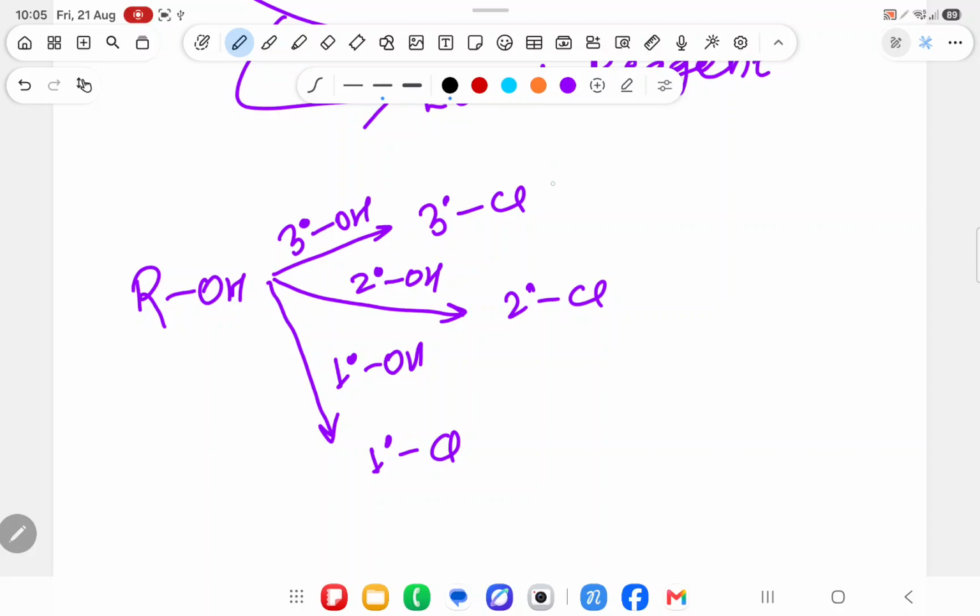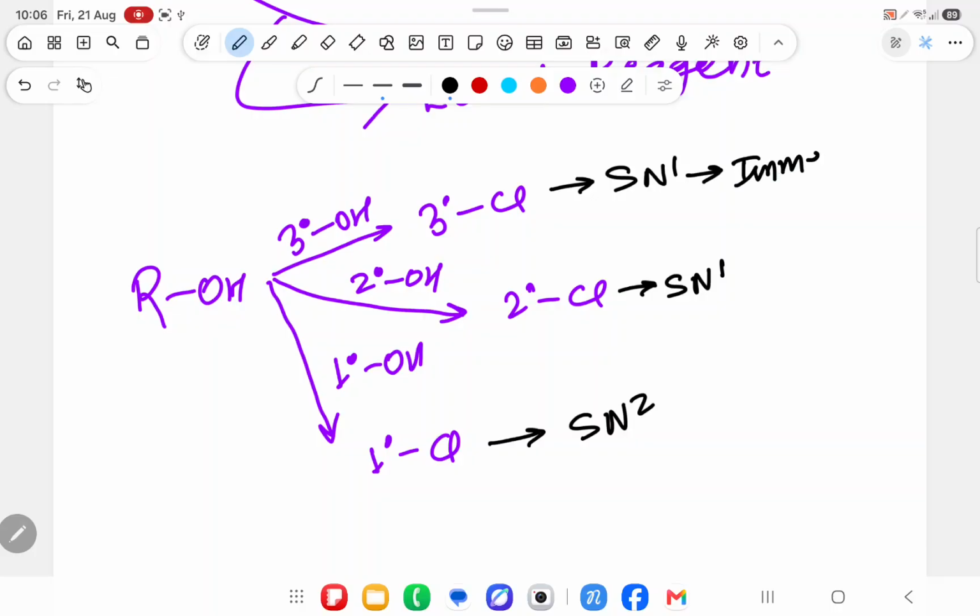If 3 degree alcohol is there, it will follow SN1 with rearrangement. If 2 degree alcohol is there, SN1. But if 1 degree alcohol, 1 degree coming, so SN2 it will form. This 3 degree will give immediate turbidity or white precipitate.